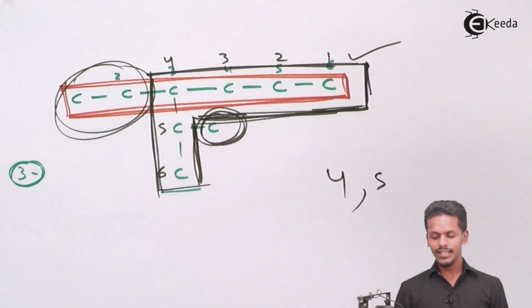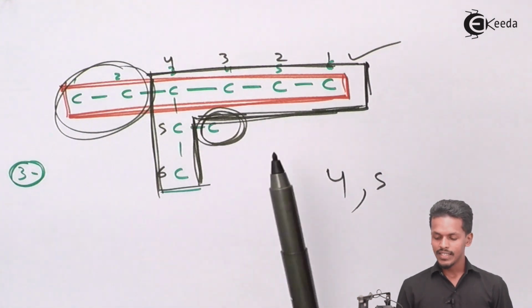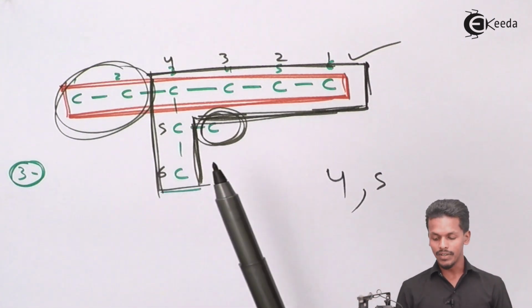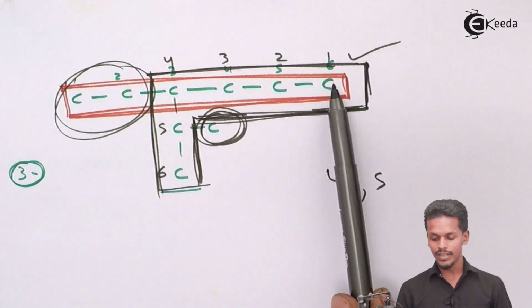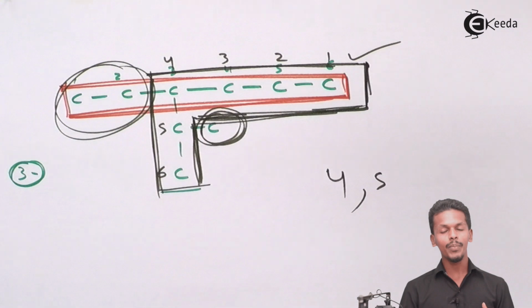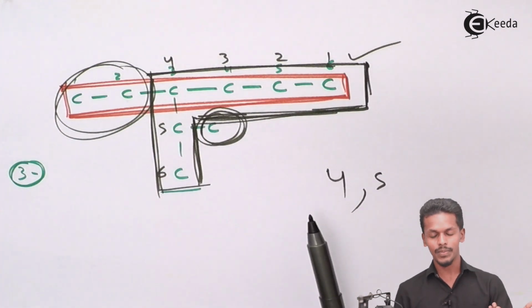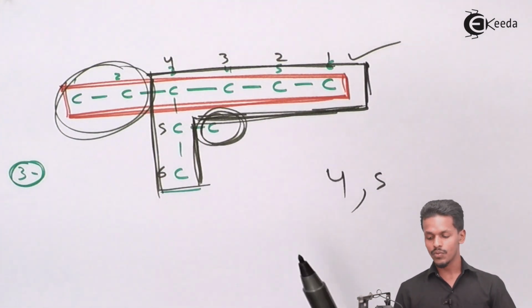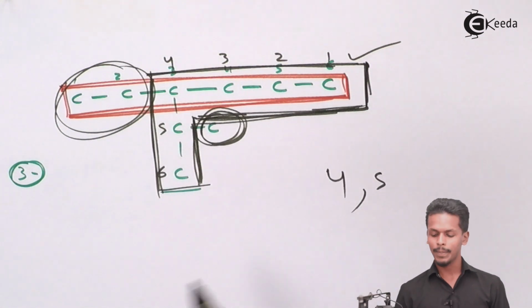So I'll take this example here itself, so you could easily imagine that. Suppose I choose the numbering from here, so it would be 1, 2, 3, 4, 5, 6. So I have got a number from one group or one substituent attached on the fourth carbon and fifth.